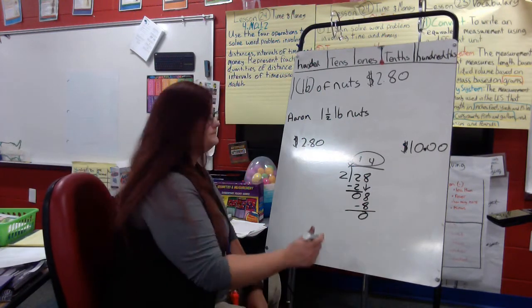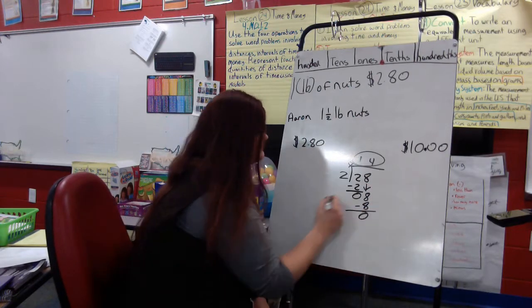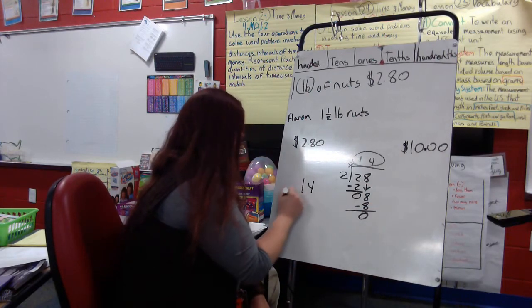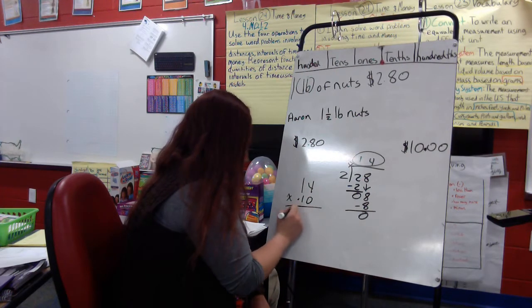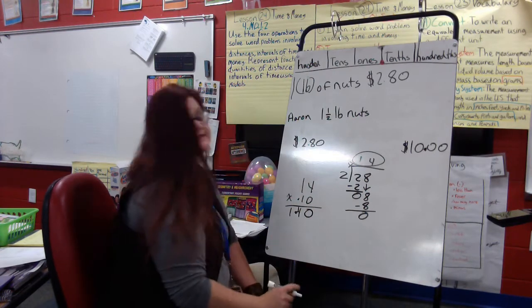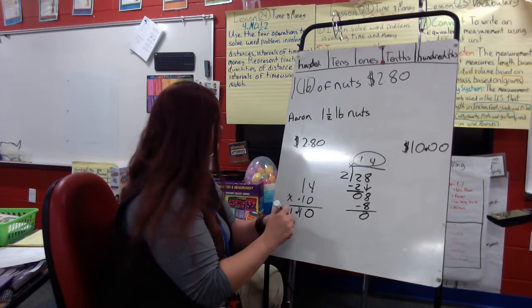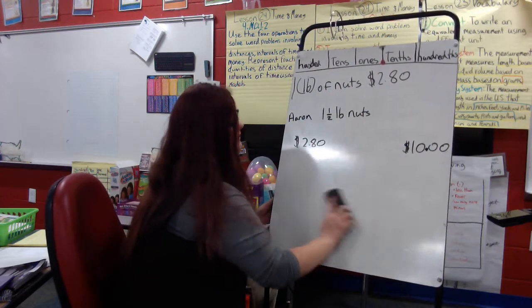So we're looking at $1.40 because I'm showing 14 dimes. And if I were going to multiply 14 by 10, 1 times 14 is 14, and we have 1 0. And we just bring that decimal point down. So a half a pound of nuts costs $1.40.